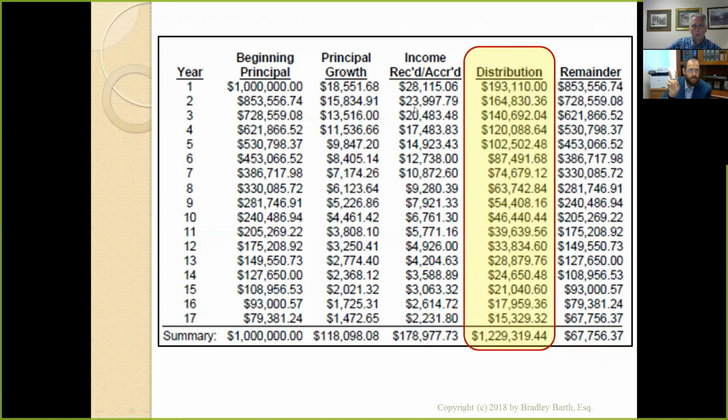It's earning 5%. So now in year two, she's going to have a withdrawal of $164,000. Jeez. And then look at year three, 5%, $140,000. It's a decreasing amount because you're taking money out.